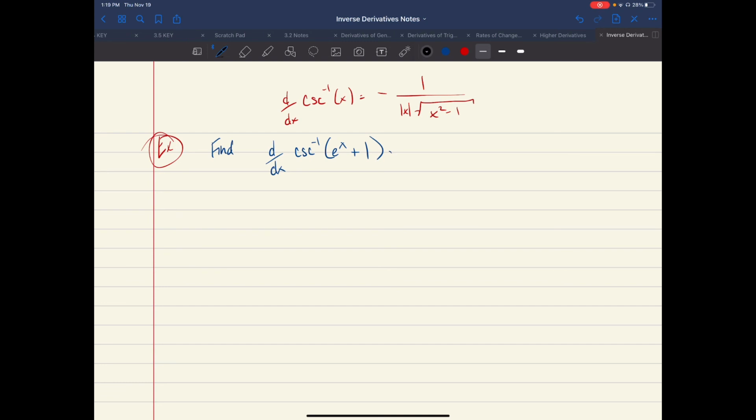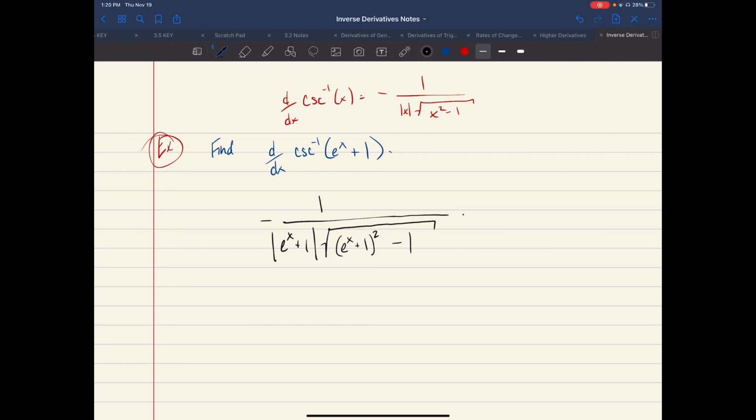So this would be -1, and wherever there's an x, I replace it with e to the x plus 1, the absolute value of that, times the square root of e to the x plus 1 squared minus 1. Now I multiply by the derivative of the interior function.